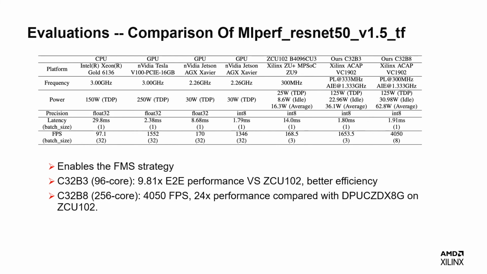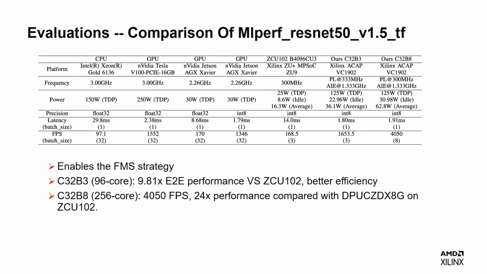Taking the ResNet50 model as an example, where one enables the FMS strategy, our proposed system with C32B3 achieves 9.81 times end-to-end performance improvement than that on ZCU102, which is higher than the theoretical 8.8 times peak performance improvement, indicating better efficiency.